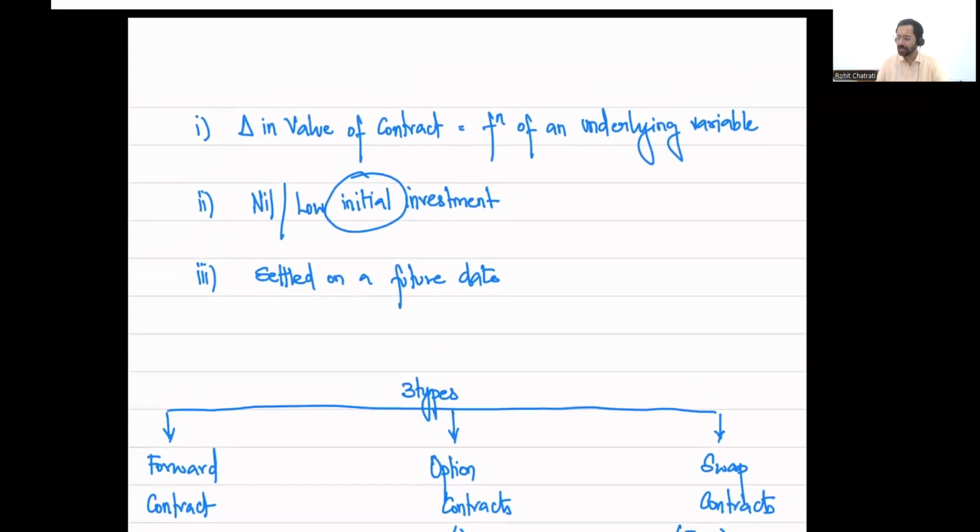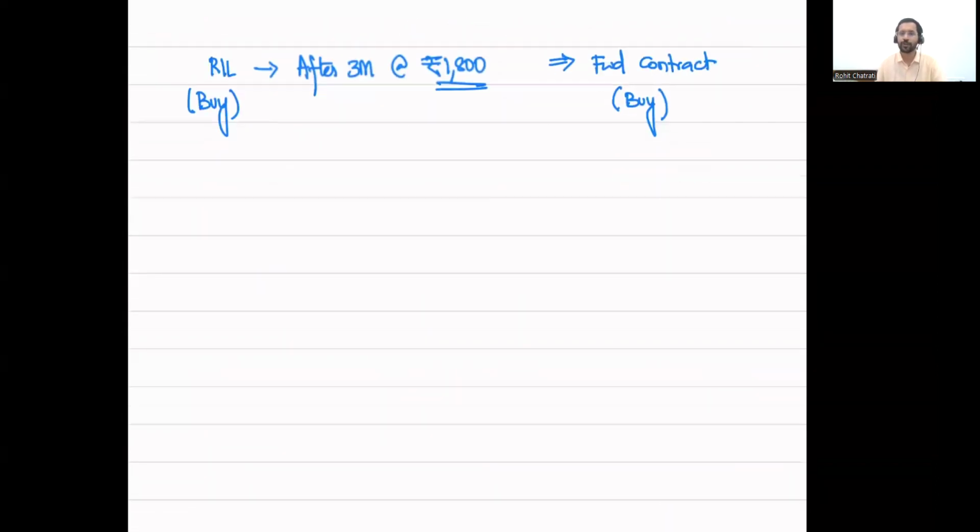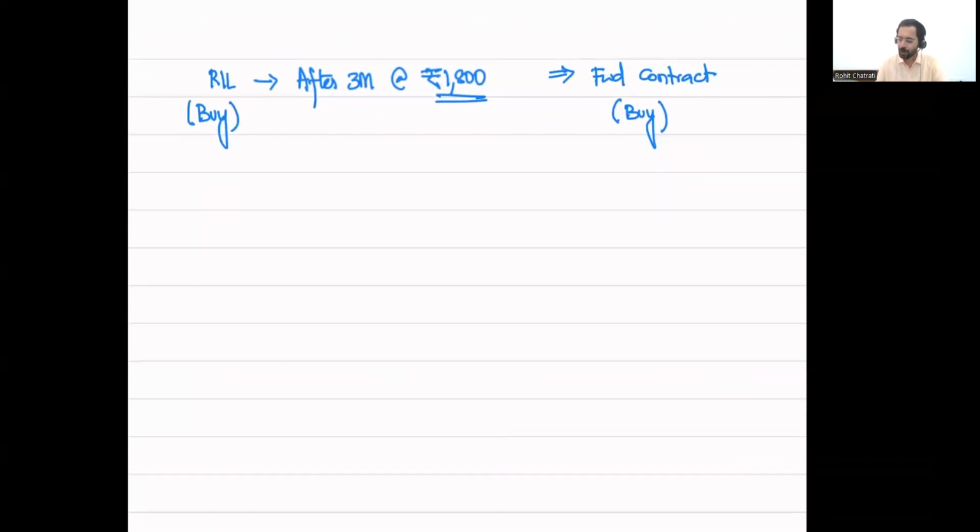Let's see how condition 1 is being satisfied. Let us say the spot price of Reliance share, the current market price, is hypothetically equal to 1750.